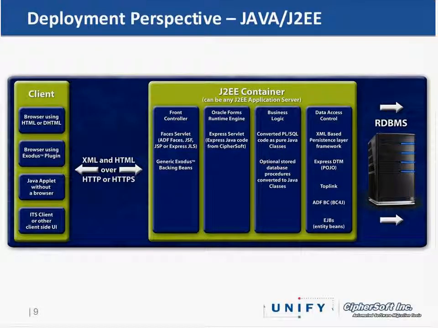The nice thing is with Exodus, you could migrate different forms with different options. You may have some where it makes more sense to have it browser-based with no plugin. You may have others where it makes sense, with no impact, to keep it as a plugin in the browser, or even a pure Java Swing client, and so forth.